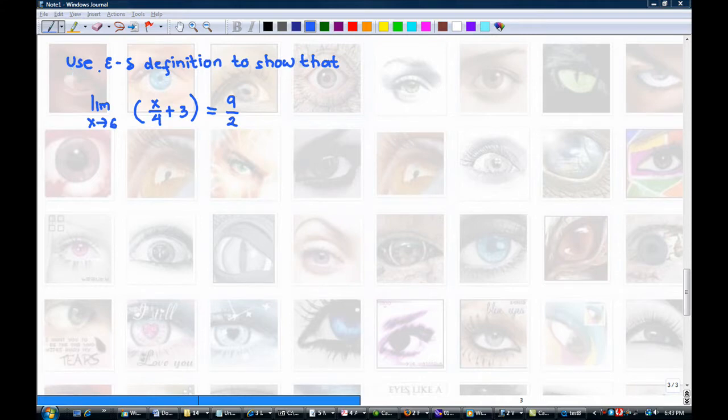Okay, we would like to use the epsilon delta definition to show that the following limit is equal to 9/2.